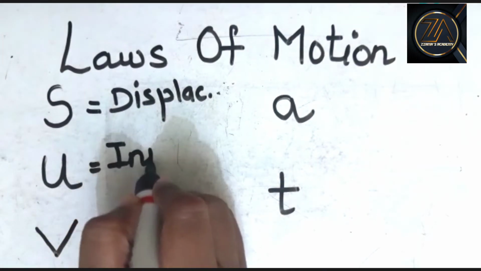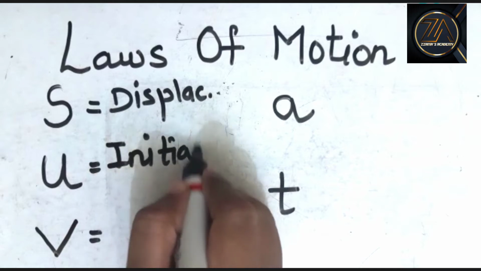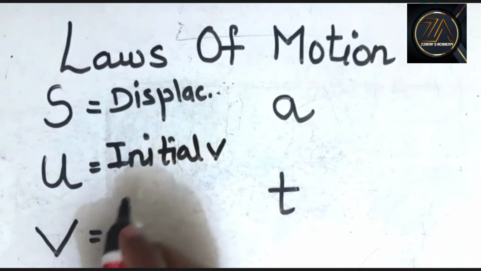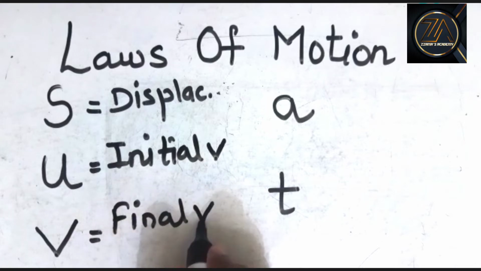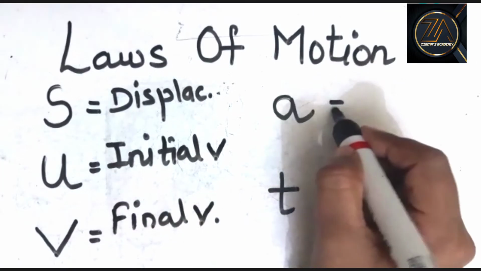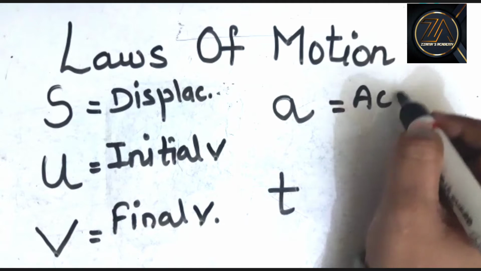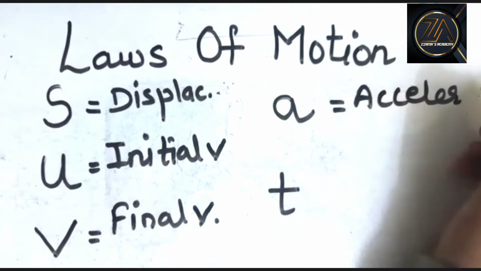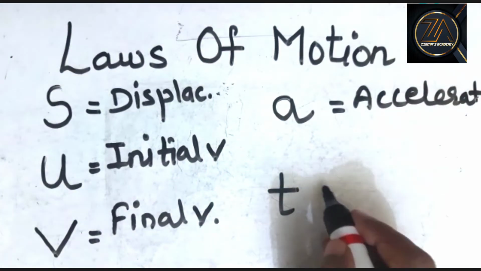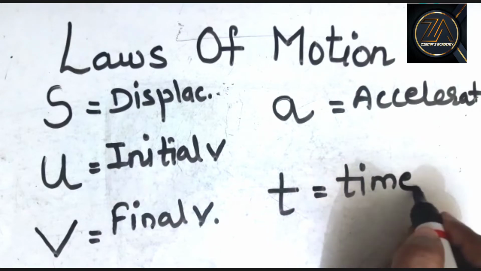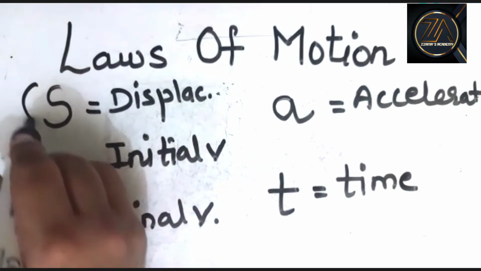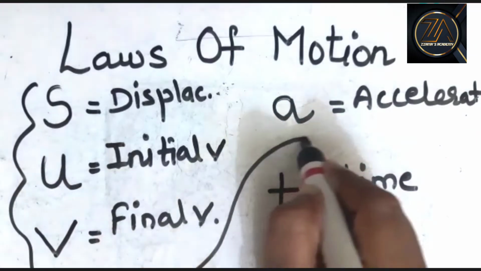U is nothing but initial velocity. I hope you remember, V is nothing but final velocity. A is for acceleration, the change in the velocity, and T stands for time. S, U, V and A.